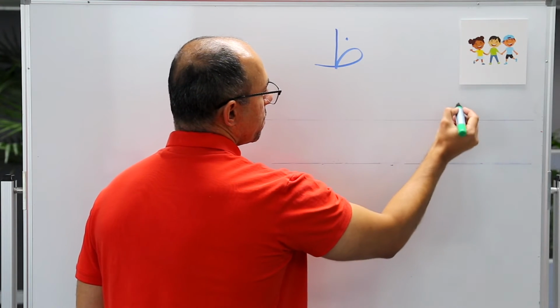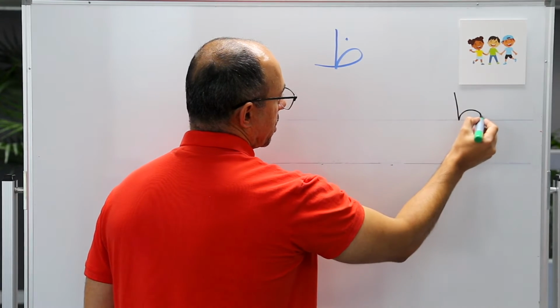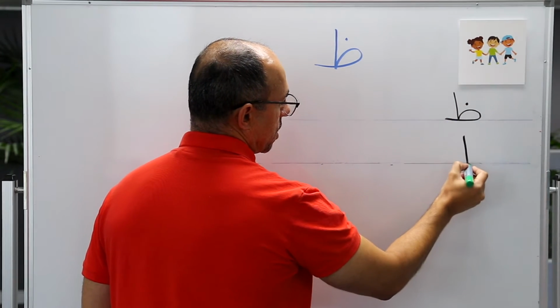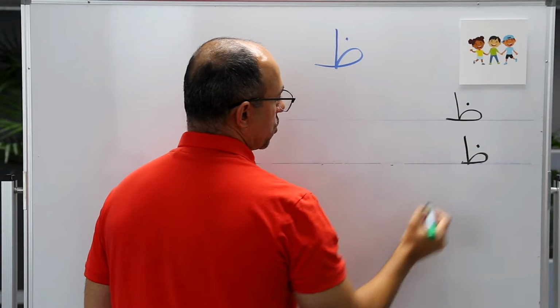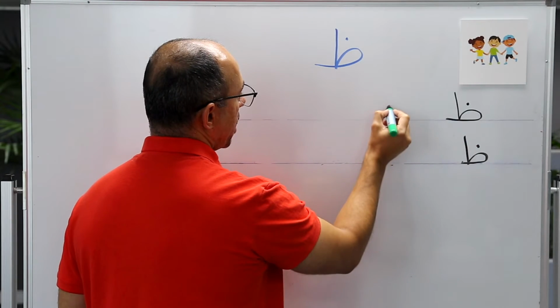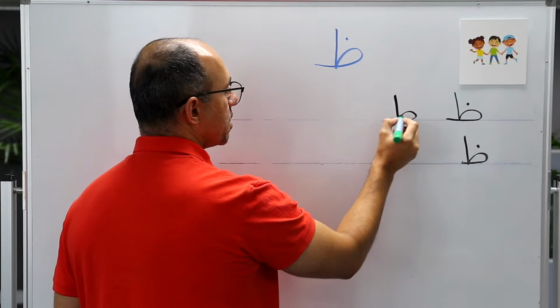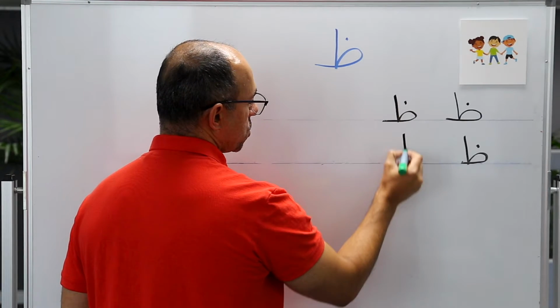By itself, just the stick, the B in English with a dot, and then at the beginning it's exactly the same with a bit of an arm to the left to connect with the next letter. Don't forget the dot.